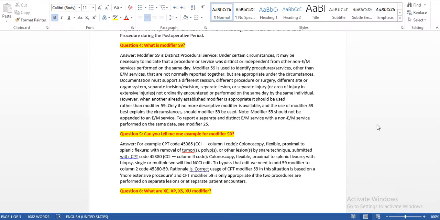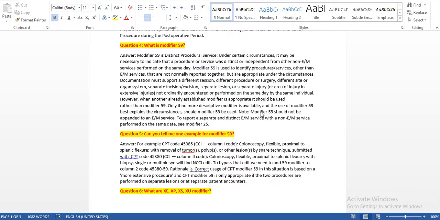To report a separate E&M service with a non-E&M service performed on the same date, we need to add modifier 25. So basically, we will use modifier 59 for non-E&M services. Modifier 59 is for a different session, different procedure, different site, separate incision or excision, separate lesion or separate injury.